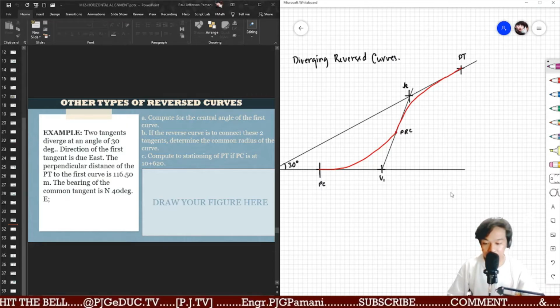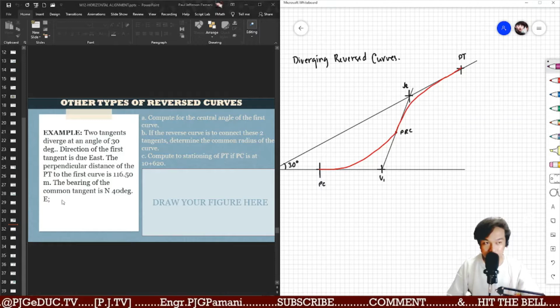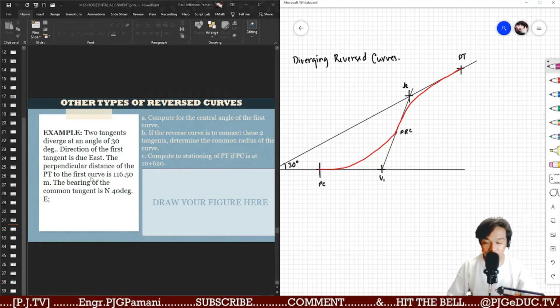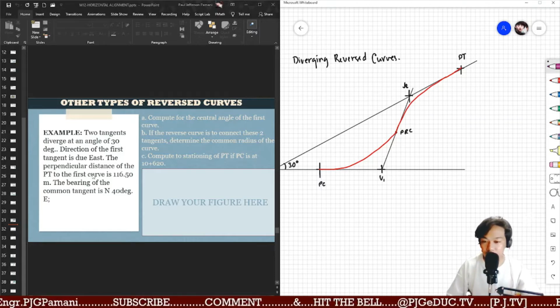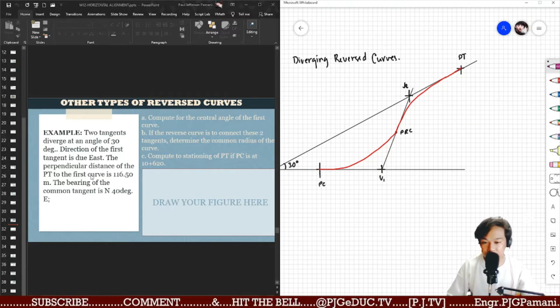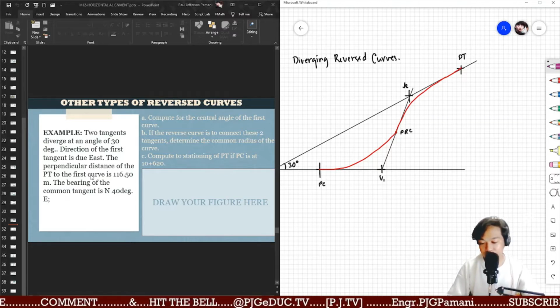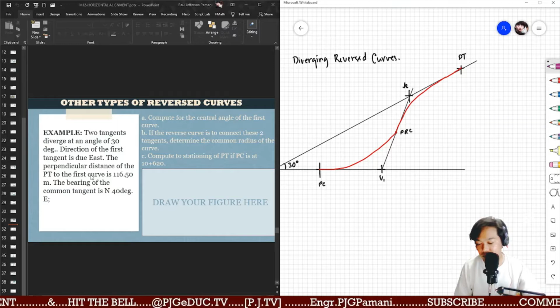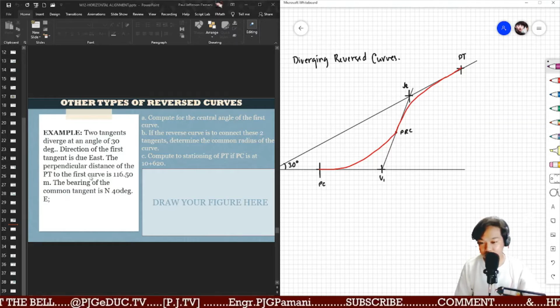Then sabi niya kanina, the perpendicular distance of the PT with the first curve is 116.50 meters. Ito na lang to.